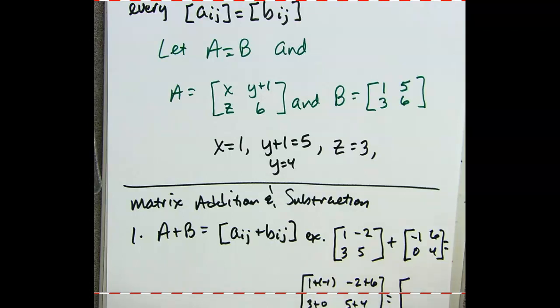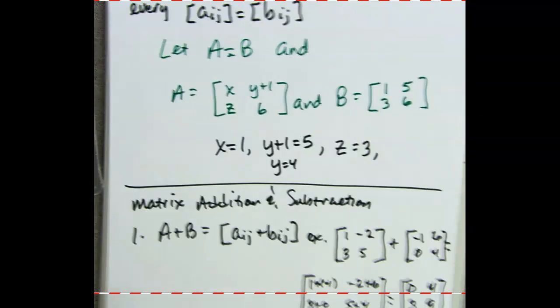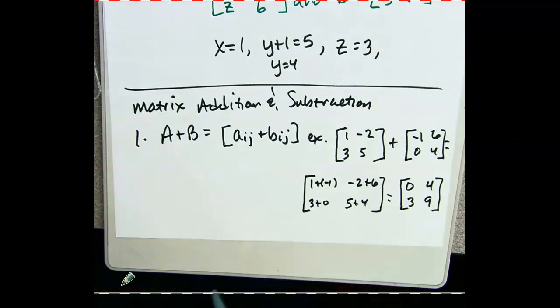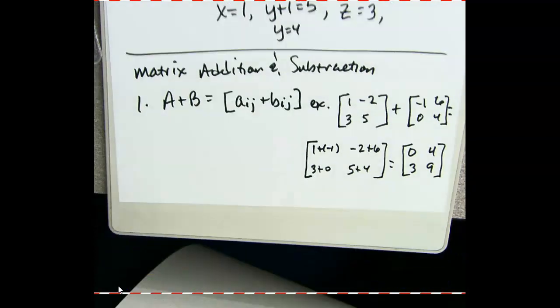So our final answer would be 0, 4, 3, and 9. So that's the mathematical operation of A plus B. Okay, so far?